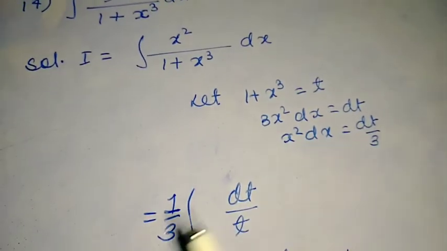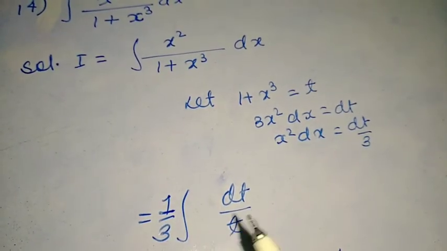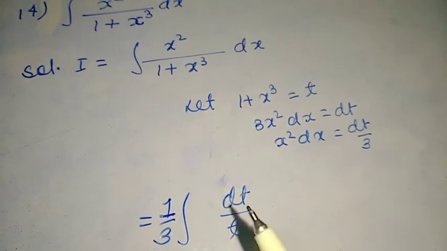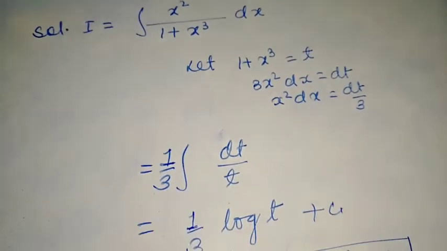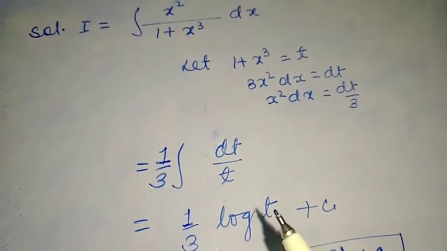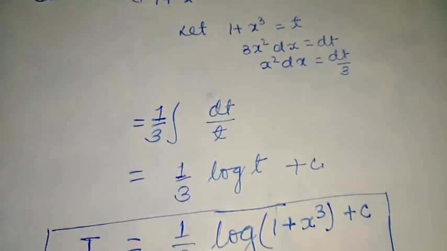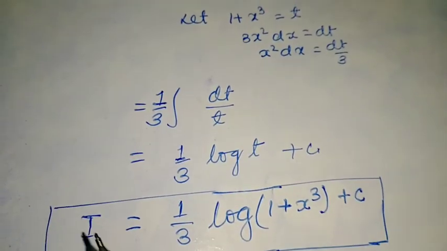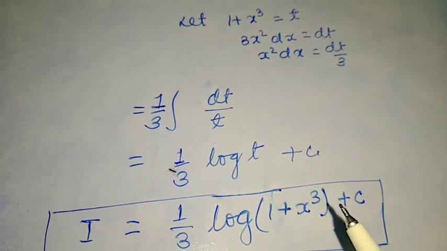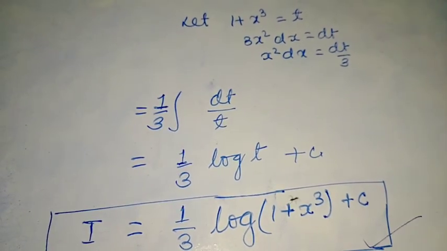So now we can substitute t in the place of 1 plus x cube. So it will be 1 upon 3 into integration of dt upon t. So we can integrate it as 1 upon 3 into log t plus c. So now we can put the value of t. So it will be I is equal to 1 upon 3 into log of 1 plus x cube plus c. This will be the answer.